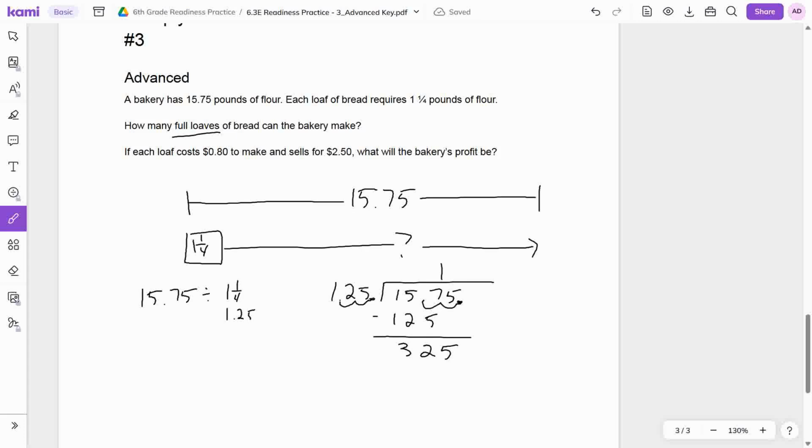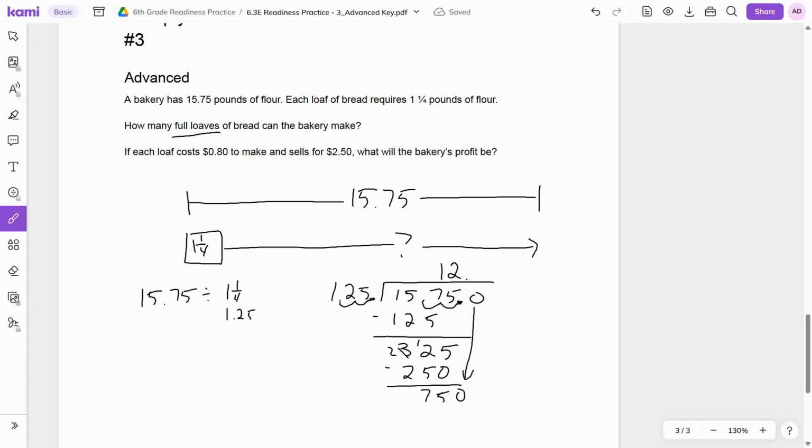I can go into this twice. 253 would be 375. And that's just going to be too much. So that's going to leave me with 75. All right, and if I wanted to, I could go ahead and finish this out, but remember, I don't really need to.